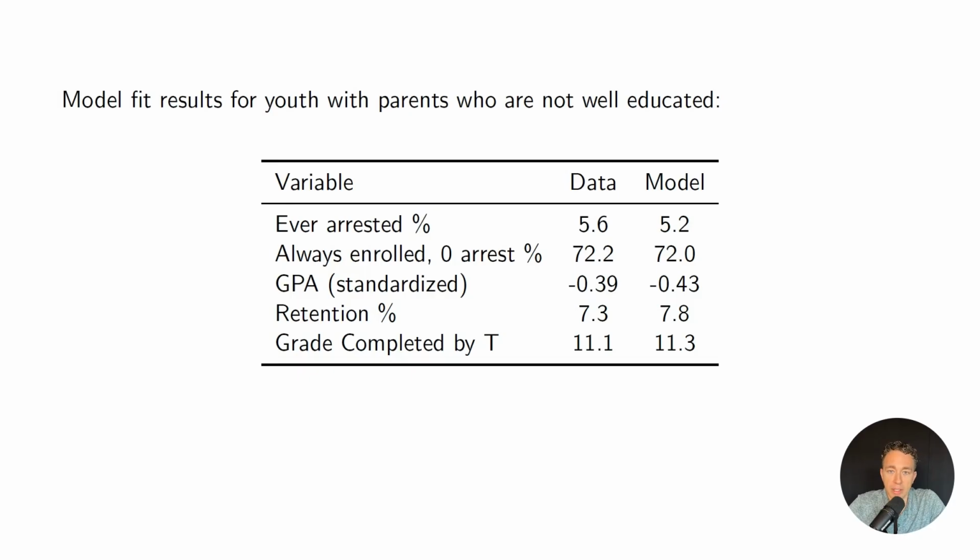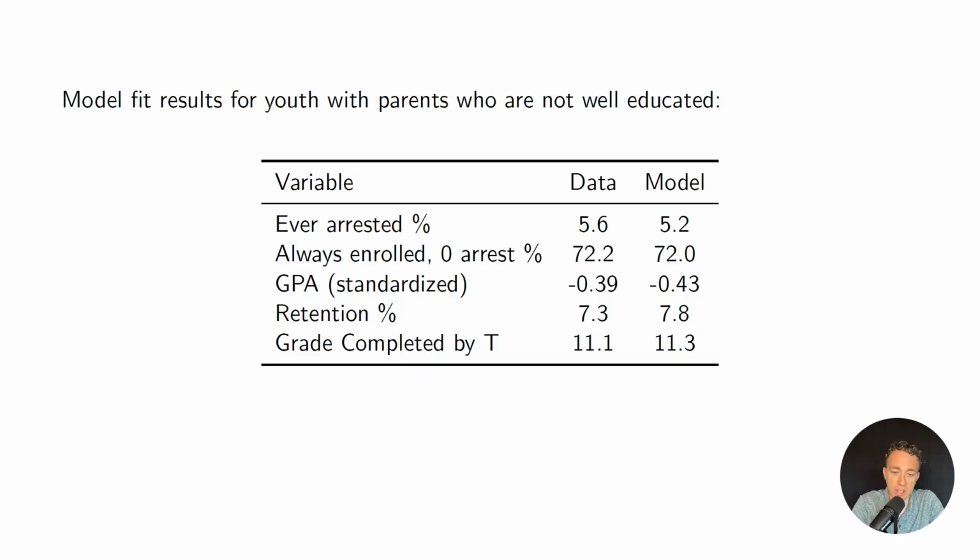They're comparing, using their model, what are the averages of these different variables, and then what are those same averages in the data. So if the model is useful, then we would hope that it would recreate arrest rates among youth, or the rates of people who are never arrested, or the grades that they earn in their classes, their likelihood of not dropping out, their overall education level.